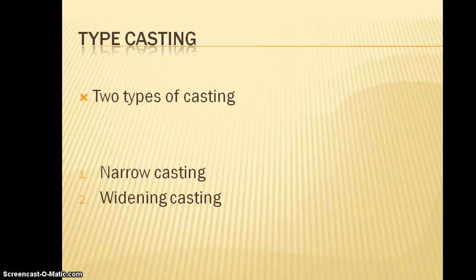When we inherit a class from a superclass and override the methods inside it, creating the object of the derived class, and if you want to call the method of the superclass, we will be using narrow casting. And if we create an object of the superclass and want to call the method of the derived class, then we will be using widening casting.